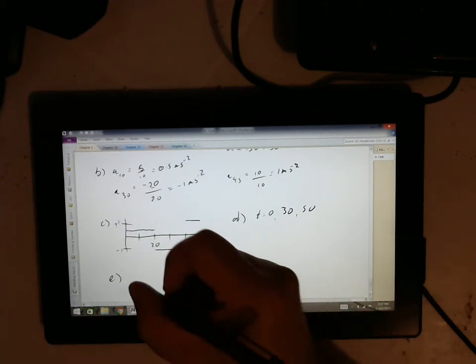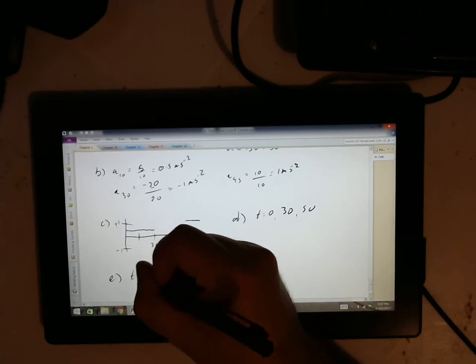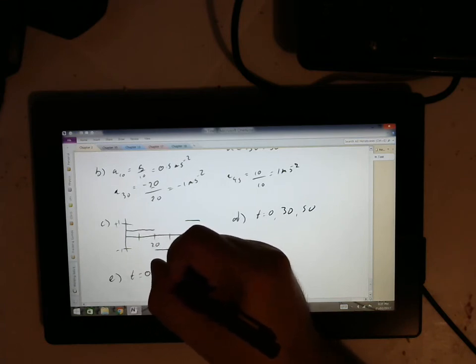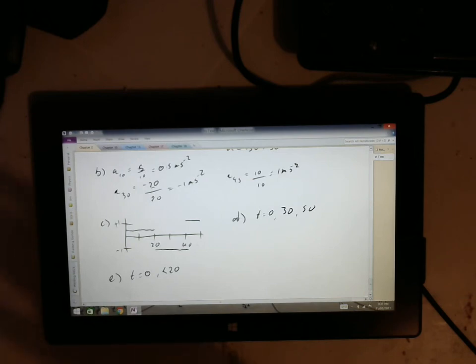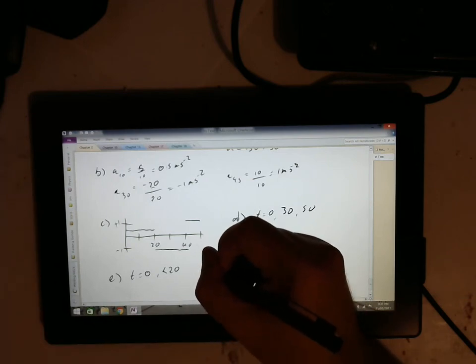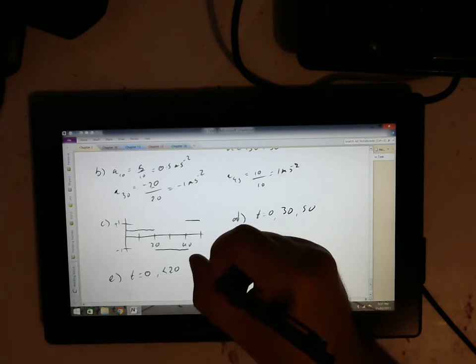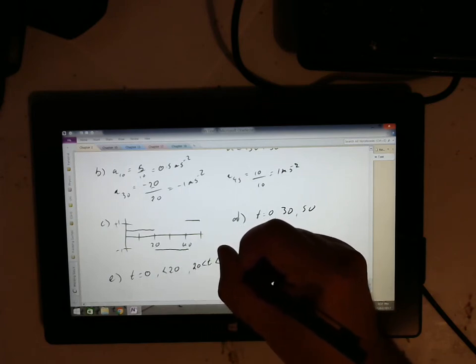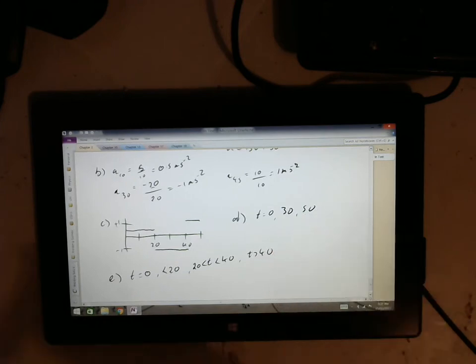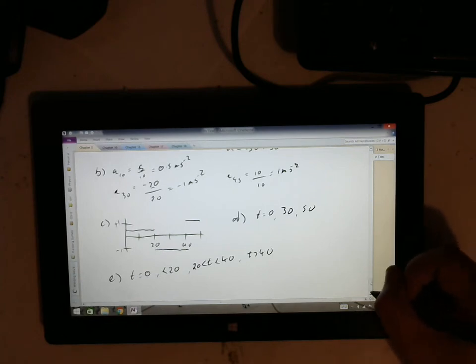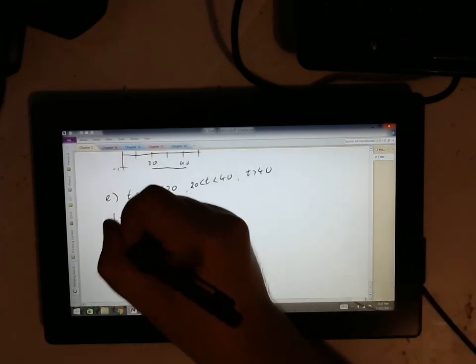So the way I would answer this is that for t equal to 0 and less than 20, not equal to, because at 20 he's doing something weird, and for t between 20 and 40, and for time above 40, that's when it's constant to me. At those points, 20 and 40, it's doing something stupid, but not too much to worry about.